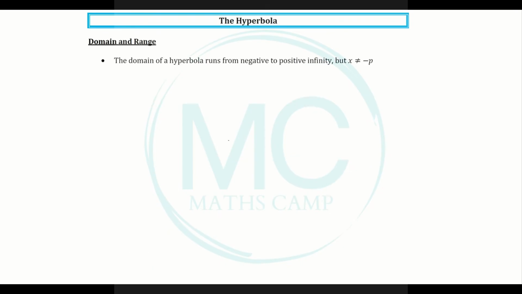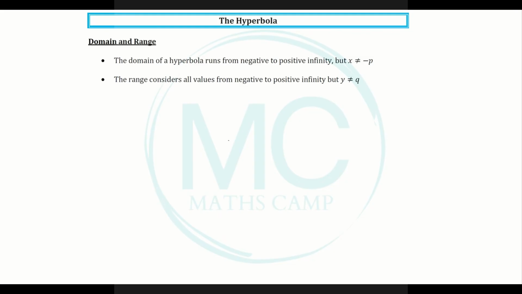The domain of a hyperbola runs from negative to positive infinity, but x cannot equal negative p. The range considers all values from negative to positive infinity, but y will not equal q. It is very important that you learn these basics because you will need them when working in this course.